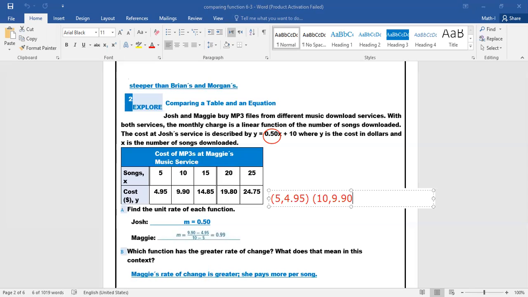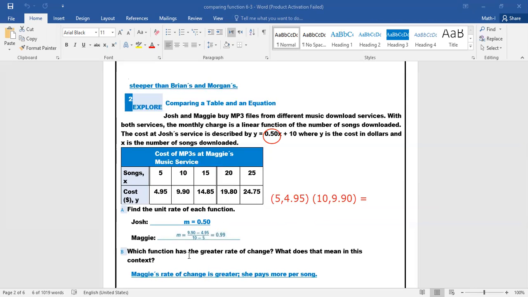Then we calculate the slope: 9.9 minus 4.95 over 10 minus 5. So Maggie's slope, or unit rate, will be 0.99.